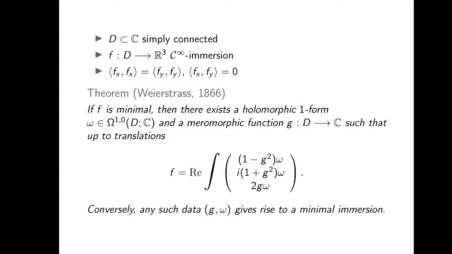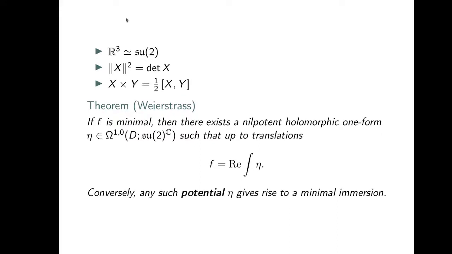Now, maybe you're like me and you don't really like these formulas, 1 minus g squared, i times 1 plus g squared. I never managed to remember them. So let's rewrite this Weierstrass representation in a more compact way. For that, a nice solution is to identify R3 with the three-dimensional real vector space SU2. So SU2 is composed of 2 by 2 complex matrices which are anti-Hermitian.